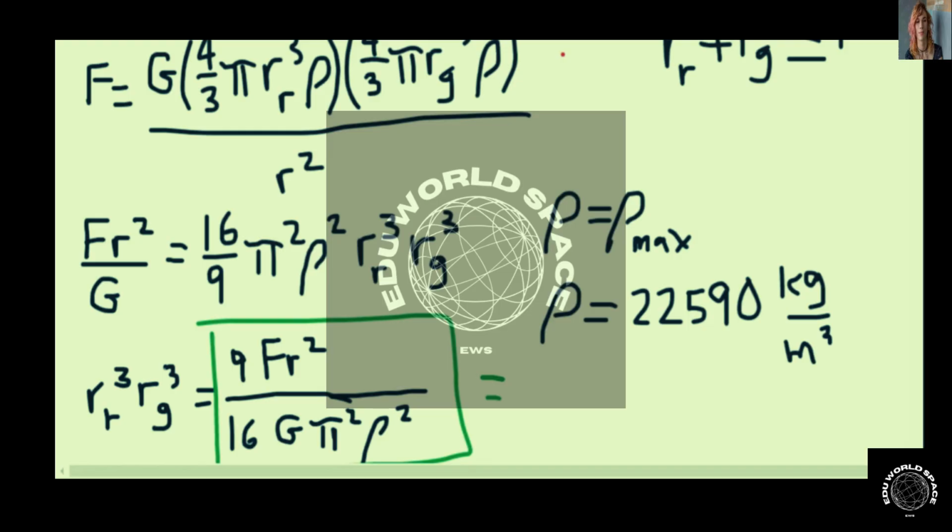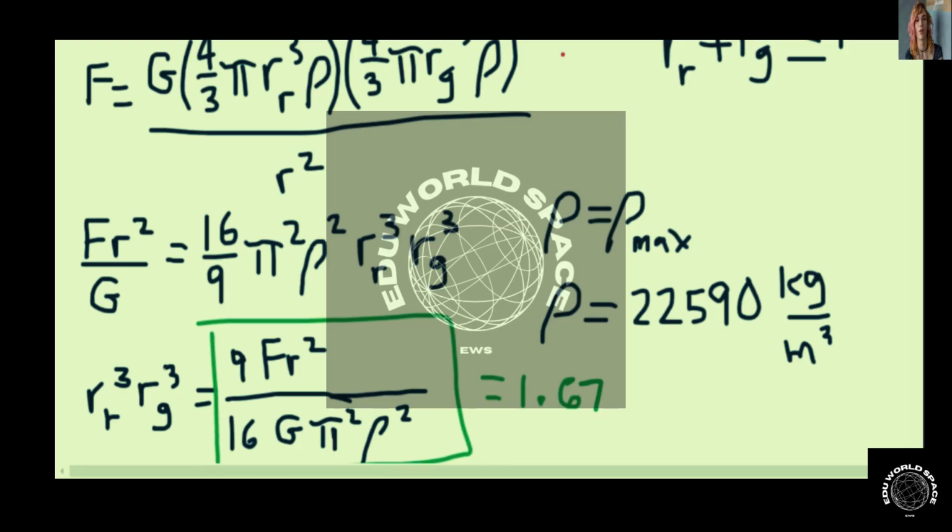interestingly enough, and I'm wondering if my answer makes sense, 1.67. Okay, so that's 9 times 1 times 1 squared over 16 G times pi squared times rho, which is 22590.